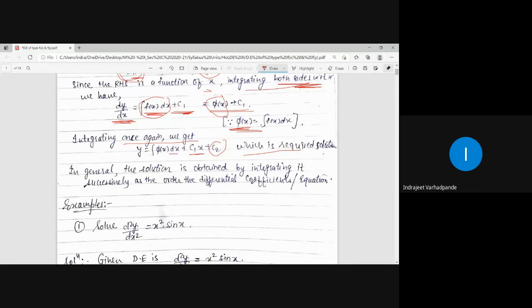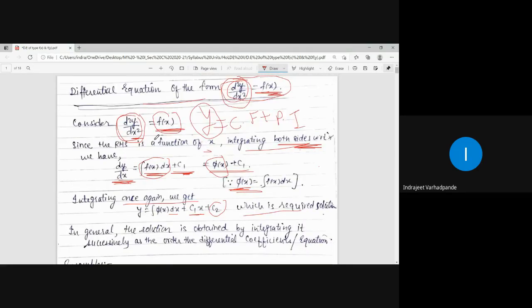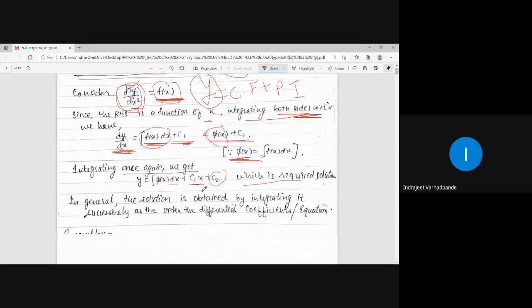Also, if you remember, I have told you many times that the number of arbitrary constants present in a solution is directly connected with the order of the differential equation. What is the order of the differential equation here? 2. So how many constants should exist in the solution? 2. One arbitrary constant present is C1, the other is C2.